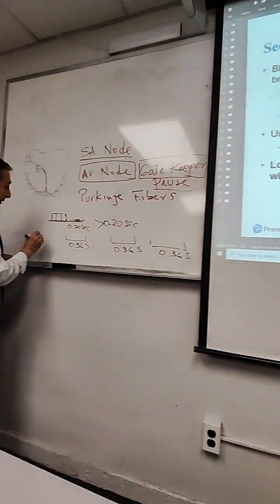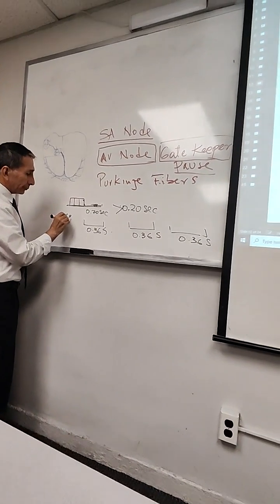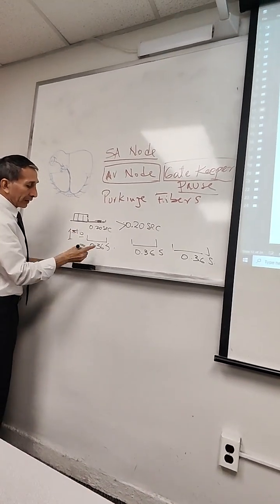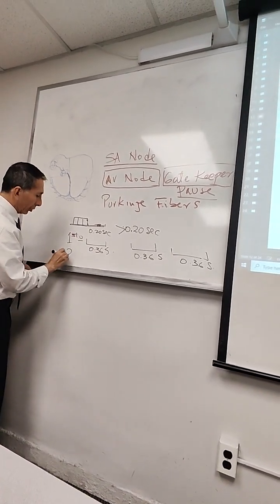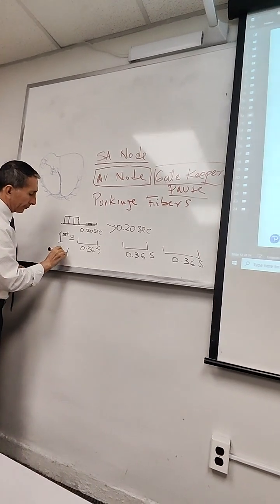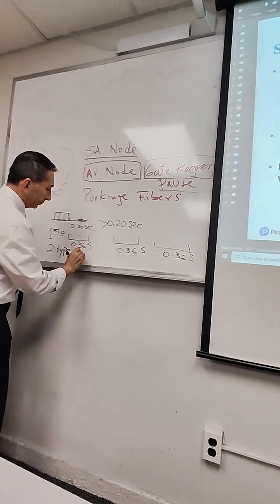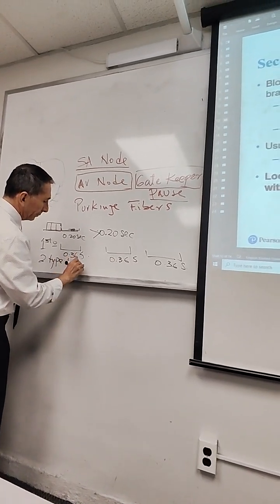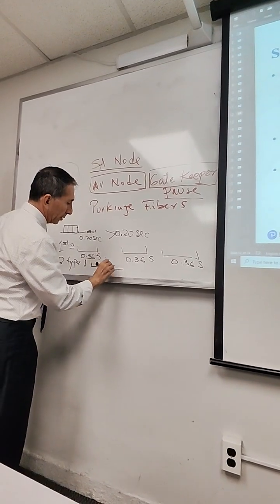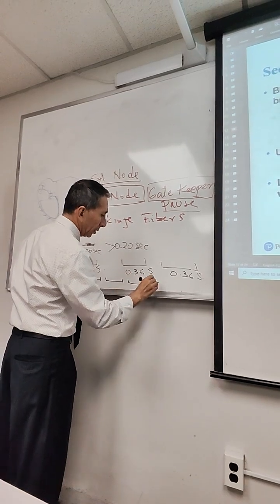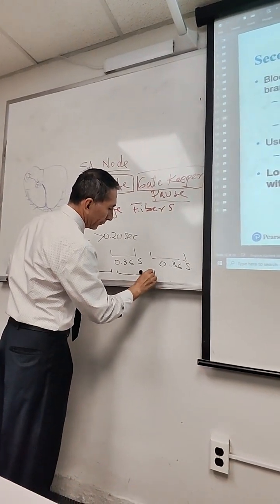So remember, this is first degree. Prolonged. Second degree, type 1. Goes right here. Longer. And it drops the QRS.